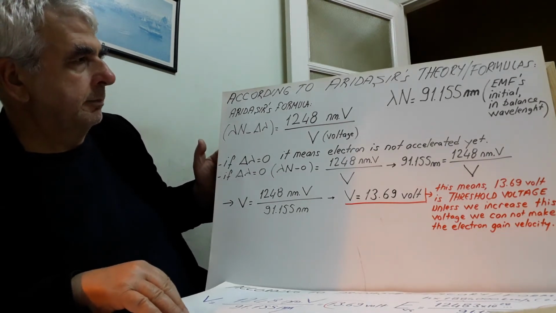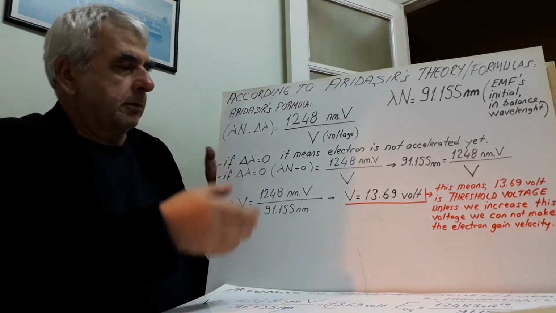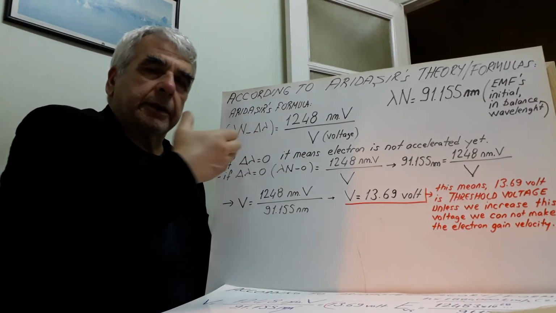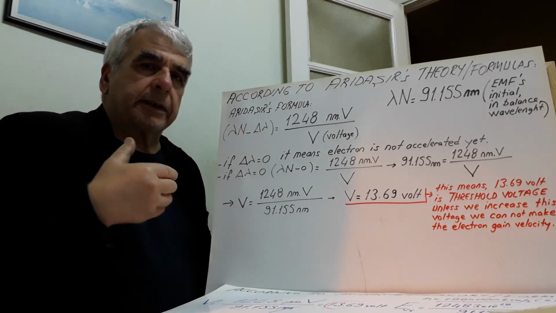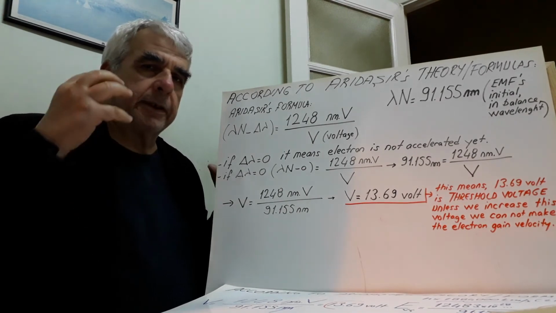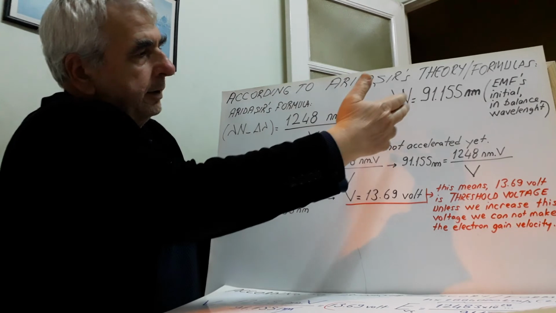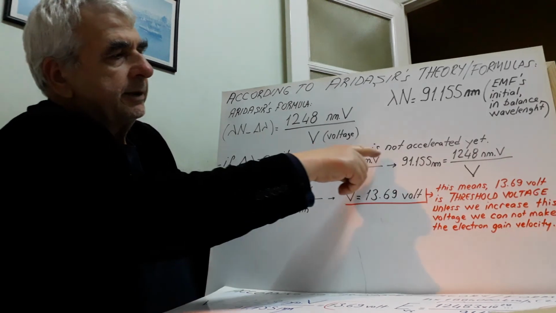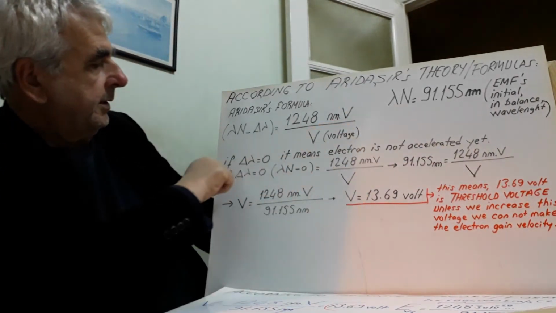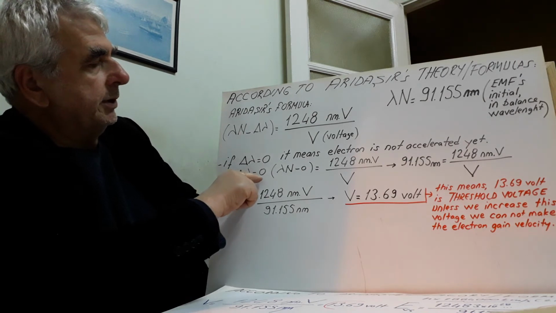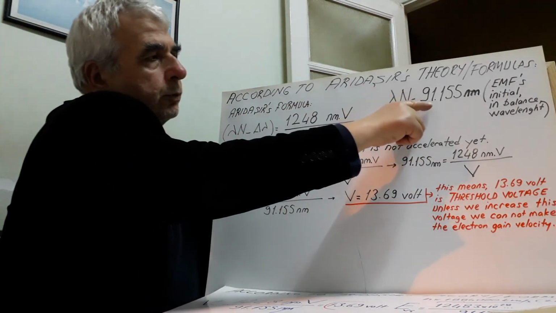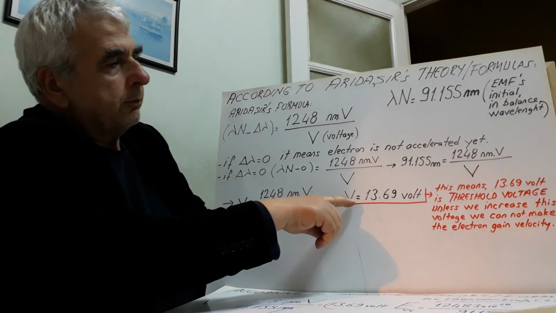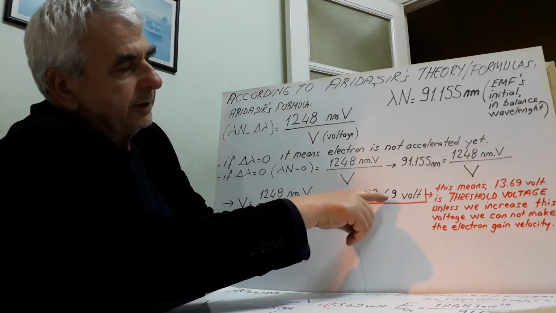Here. Again, this is my formula for an electron motion form accelerated by applied voltage. Then, if delta lambda is equal to 0, it means the electron is not accelerated yet. And if delta lambda is equal to 0, lambda n equals 91.155 nanometer, then voltage is equal to 13.69 volt.